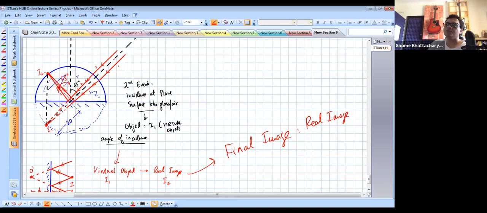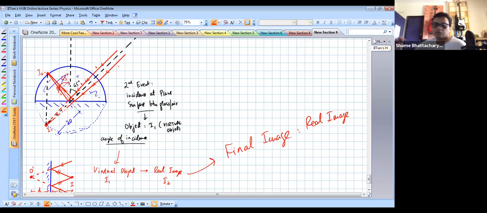And for that, you will have to apply Snell's law and apply some kind of geometry to find where the position of the final image is. Okay, people. So hope this is clear.